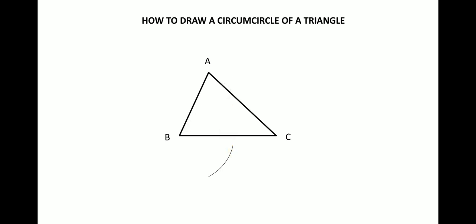Similarly, with the same radius of the compass, keep the needle there only and draw another arc on the other side. With the same radius, keep it at point C and again draw the arc this way and on the other side as well.